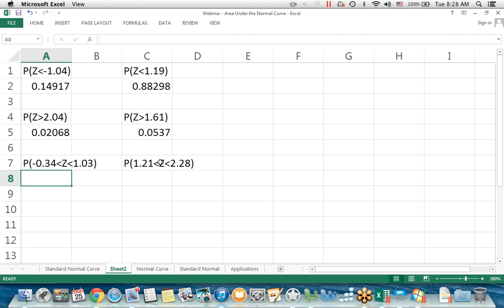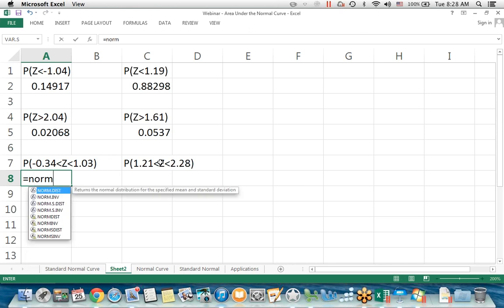For number 5, remember we type in according to the formula that was on the PPT slide, the keynote slide, the formula for the normal distribution that we've been using, but we're going to first use the larger of the two numbers.